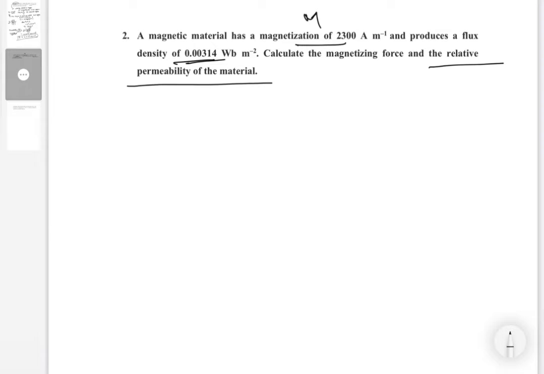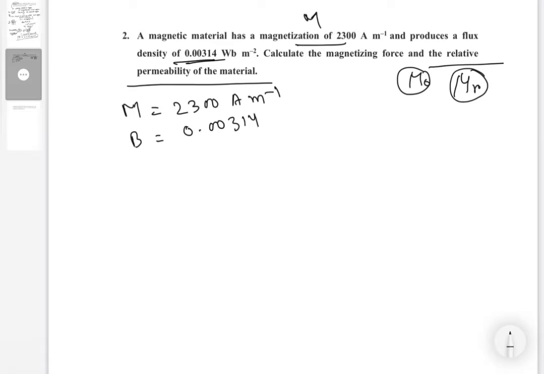We were talking about the permeability of free space, that was mu naught, and relative permeability is mu r. Here two parameters are given: M is 2300 ampere per meter, and B is 0.00314 Weber per meter square.